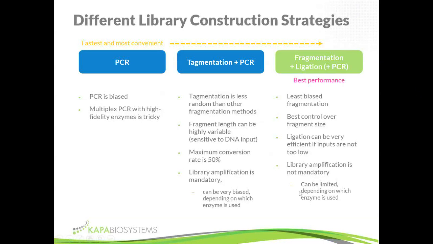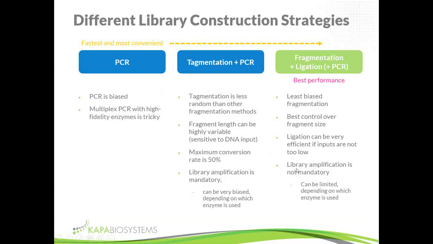efforts in recent years were to achieve a combination of really good performance, but make library construction faster and more convenient. And again, the HyperPlus kit that we've just launched really combines all these aspects of high performance, less biased fragmentation, good control over fragment size, high library efficiency, into a very rapid, very convenient library construction protocol.